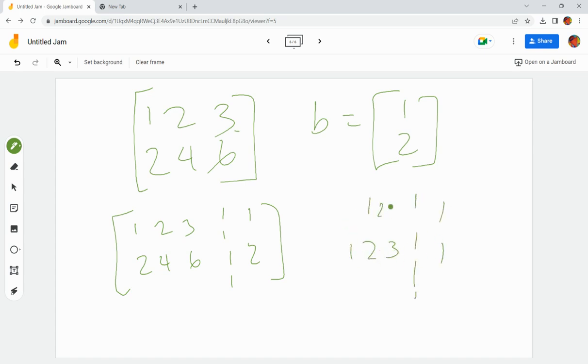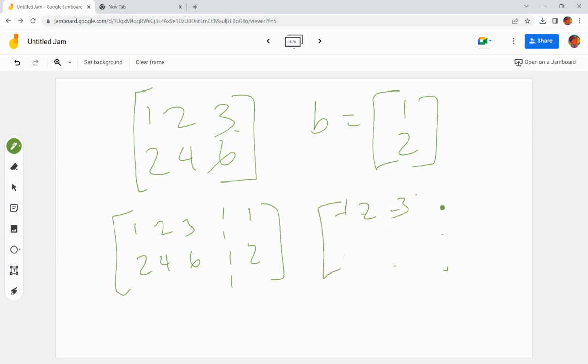Oh, I accidentally created infinite solution. I meant to do no solution, but I accidentally created infinite solution by accident. My brain didn't work quickly.